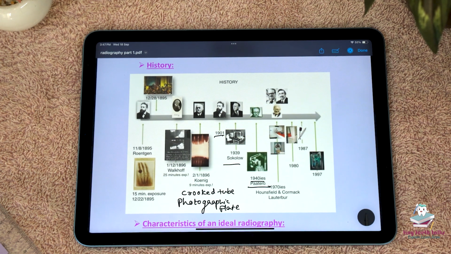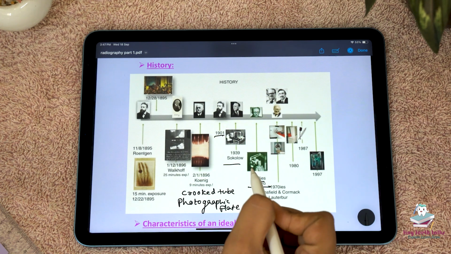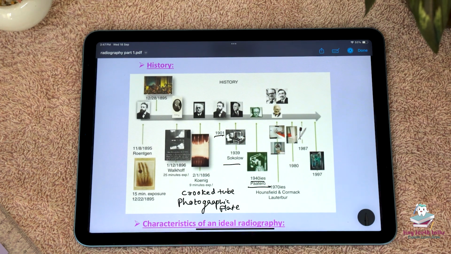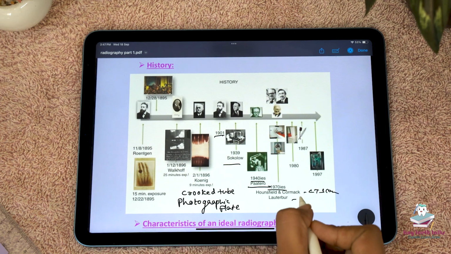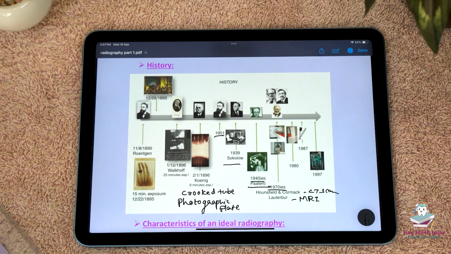we call it OPG, by placing a long strip of film in the patient's mouth and rotating the patient's chair to capture the entire dentition in a single stage, which improved the efficacy and comprehensiveness of X-ray. In the 1970s, Sir Godfrey Hounsfield and Allan M. Cormack introduced computed tomography, which is the CT scan, and in the early 1970s, Paul Lauterbur introduced the MRI, magnetic resonance imaging.